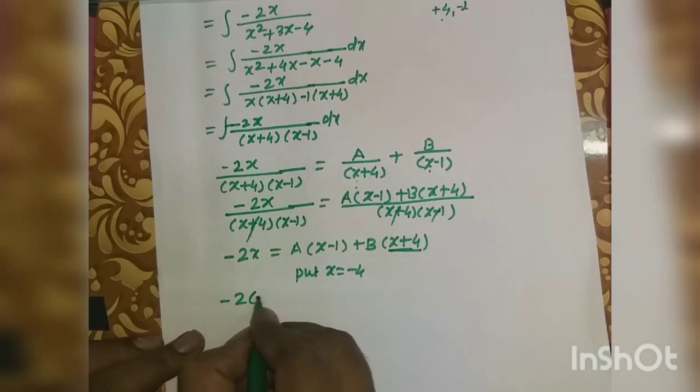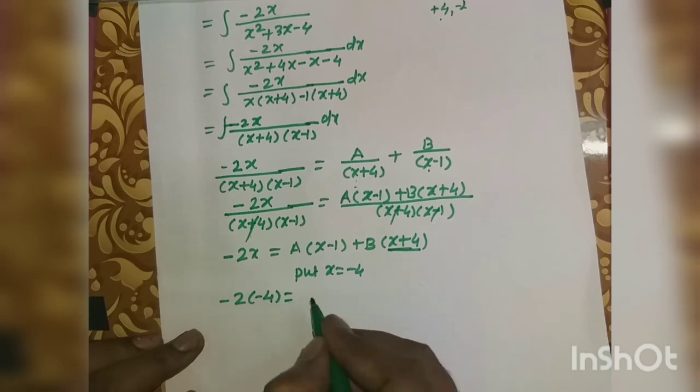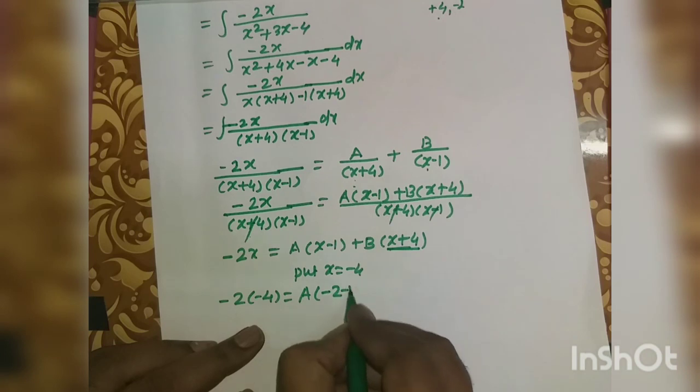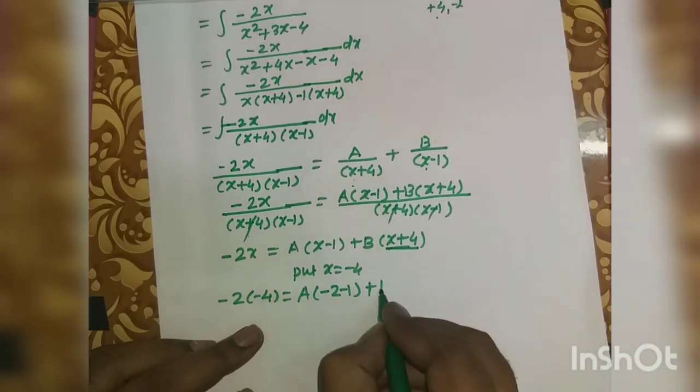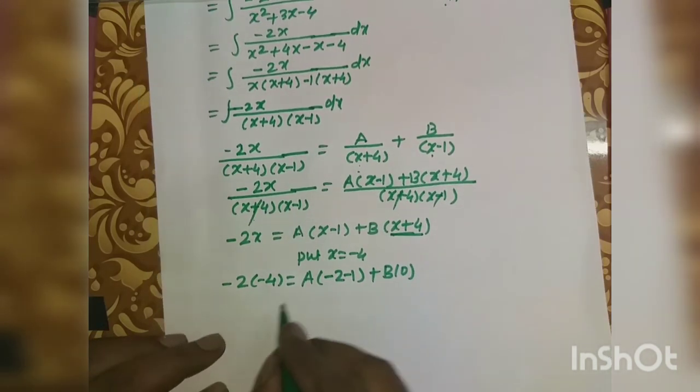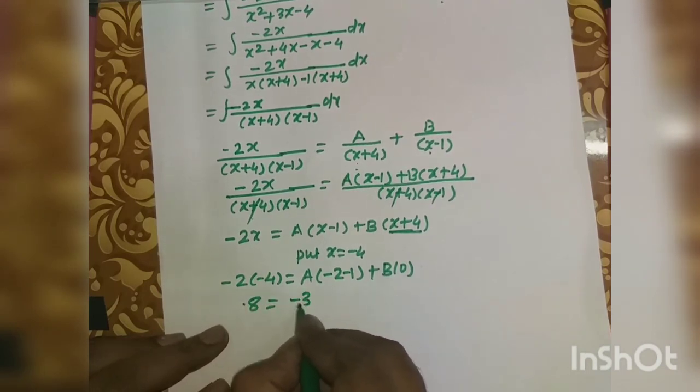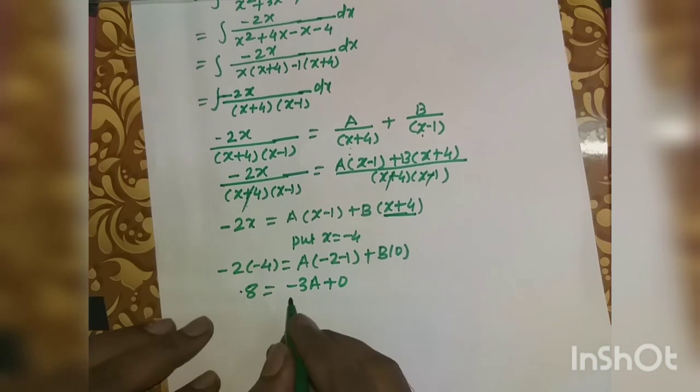Minus 2 into x, x equal to minus 4, that is 8 is equal to a bracket minus 4 minus 1 plus b into 0, that is minus 5a plus 0.